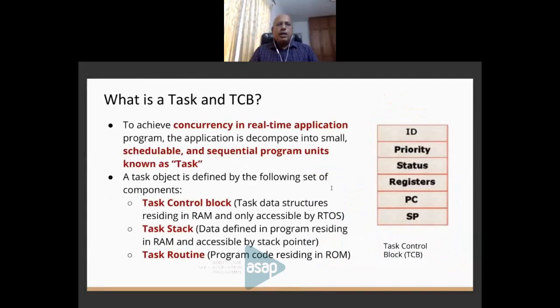Let me introduce something called concurrency at this point. In all systems, we need to understand the concept of concurrency, because the CPU is only one, and there are multiple tasks. So only one task can use the CPU at a time. But this is like Vishwanathan Anand playing chess with 50 people simultaneously. Vishwanathan Anand is the CPU here, and each of the people with whom he is playing chess is a task.